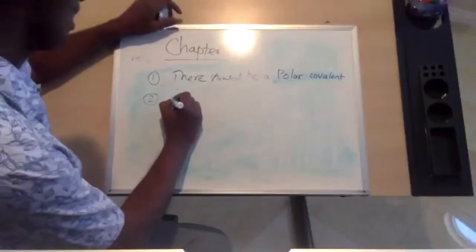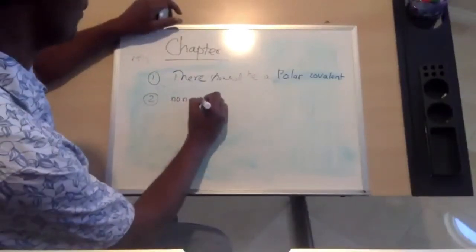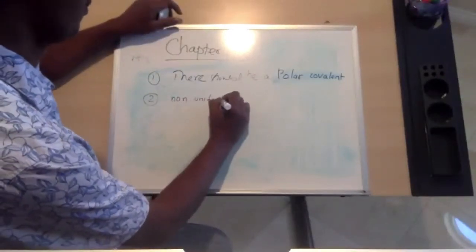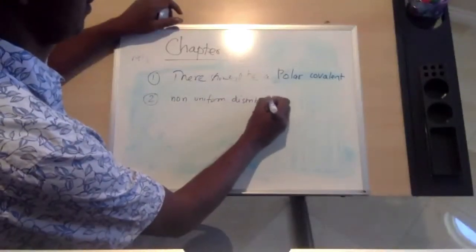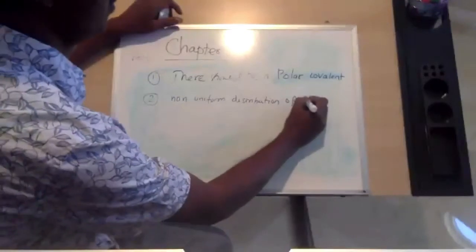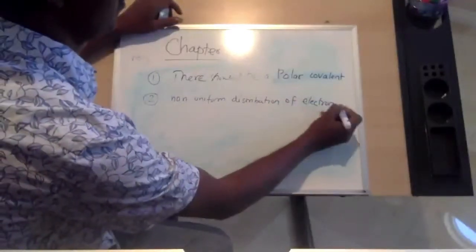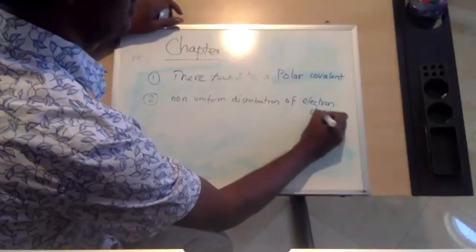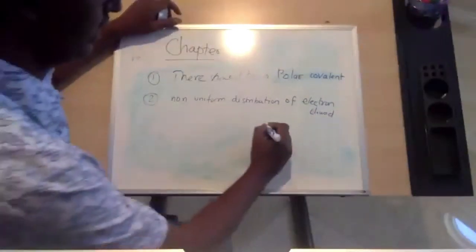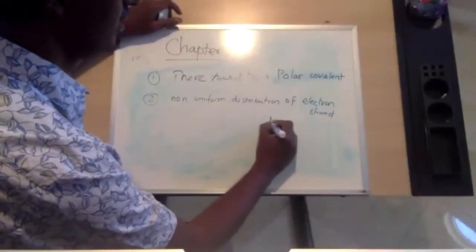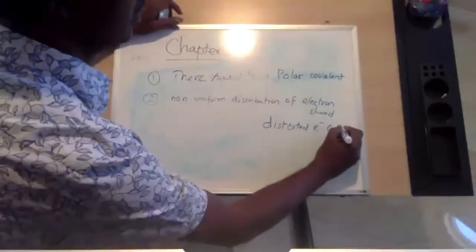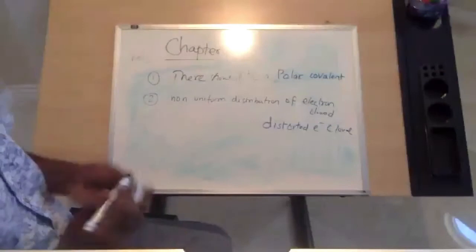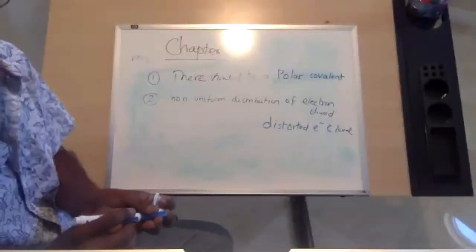Non-uniform distribution of electron cloud. In other words, distorted electron cloud.